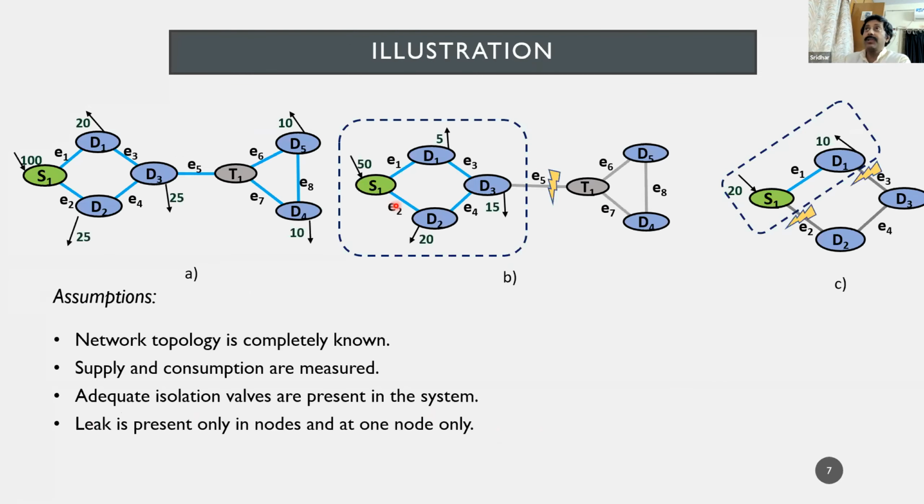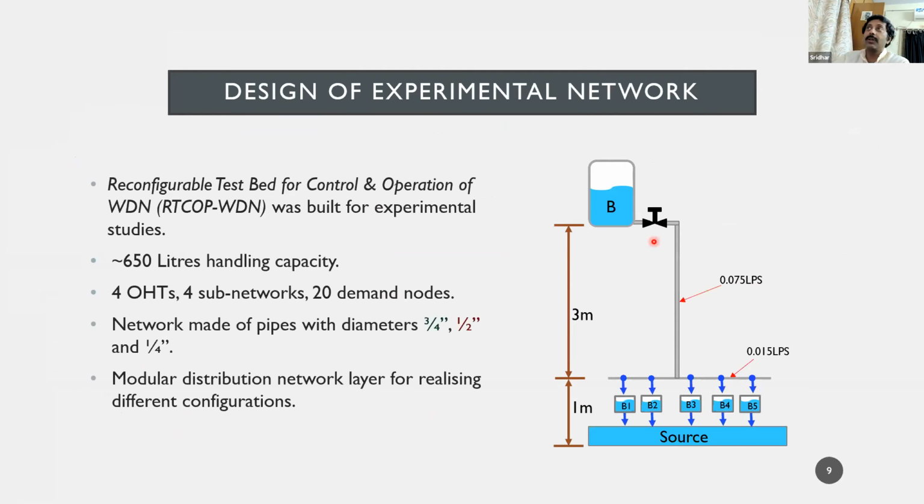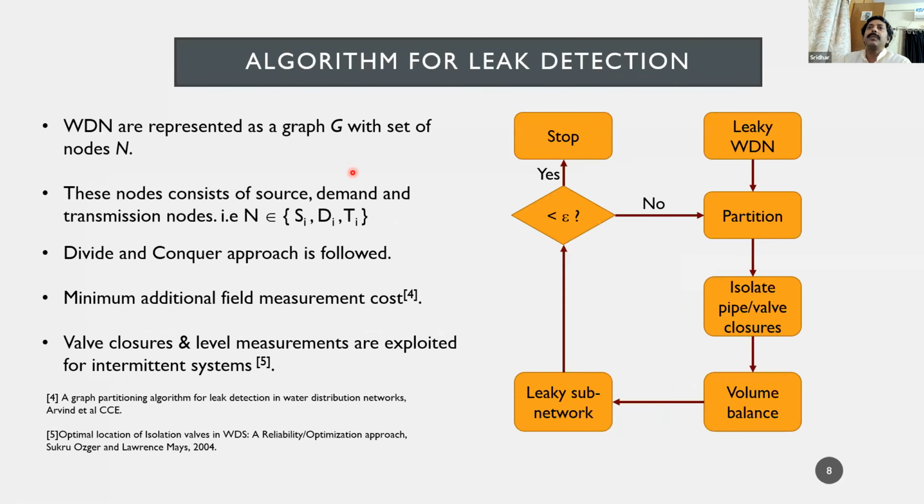So if you notice, there is a systematic method in which this has been done. I'll come to this algorithm maybe towards the end, but let me spend some time on it now. Based on an initial set of measurements, you assume there is a leak.